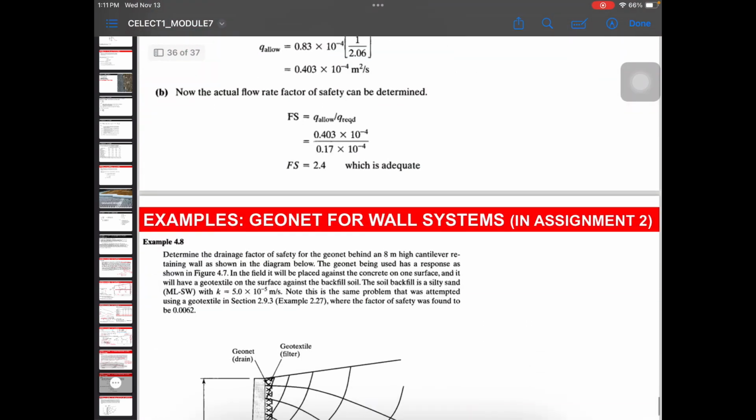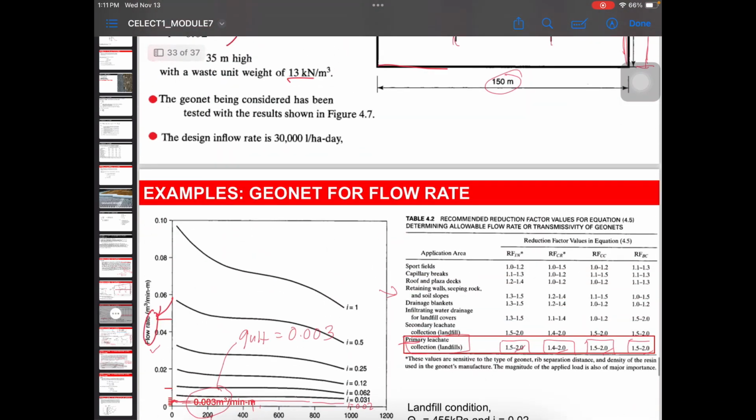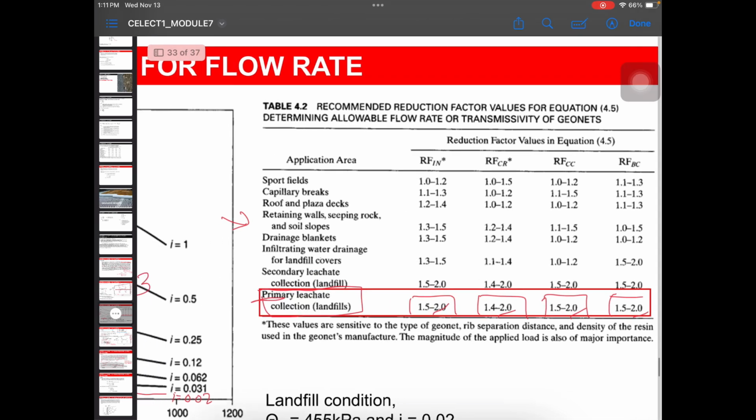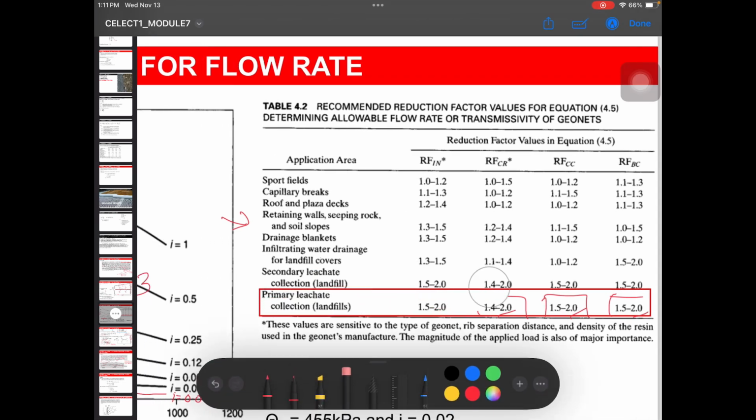If we look at yung table, ito yung table. So, we're going to use yung Geonet for capillary rise ng water. Nasaan capillary breaks. Ito ang gamitin natin.